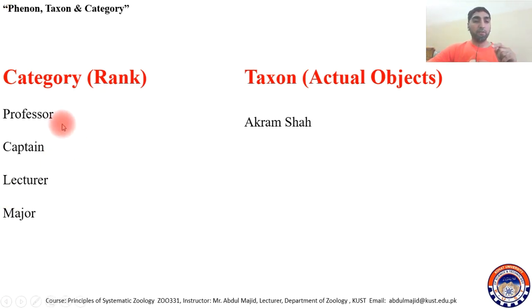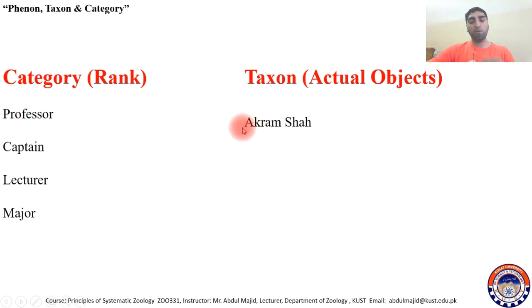So now this professor is the category, and this actual person, Akram Shah, is the taxon. Dr. Akram Shah is a professor. If I tell you that my teacher is Dr. Akram Shah, who is a professor, then you know both things: the actual person, the taxon, and the rank of the person.